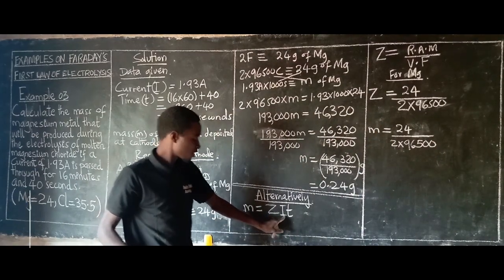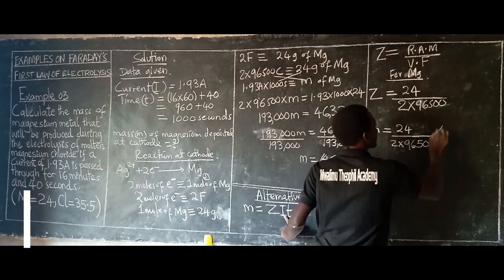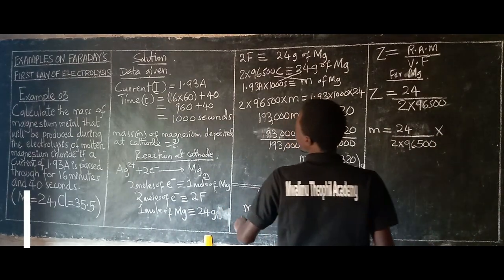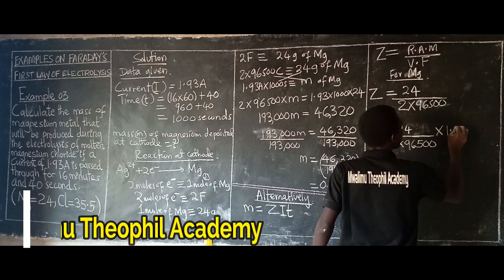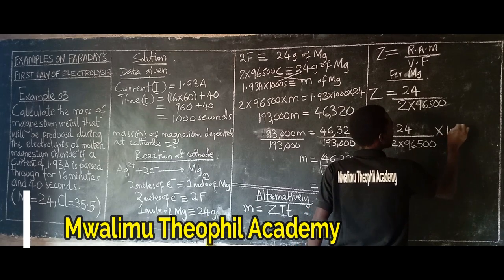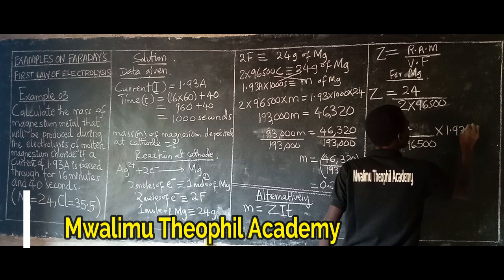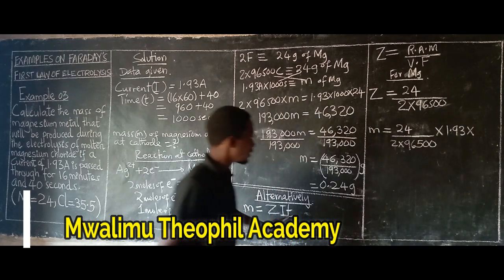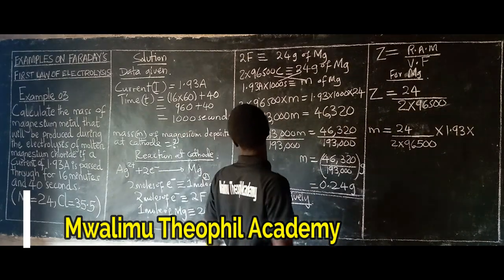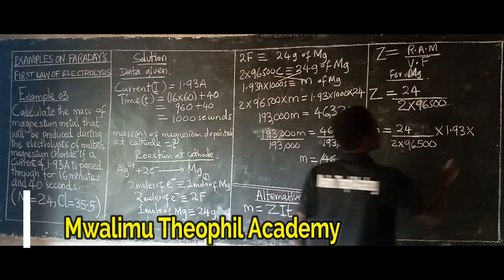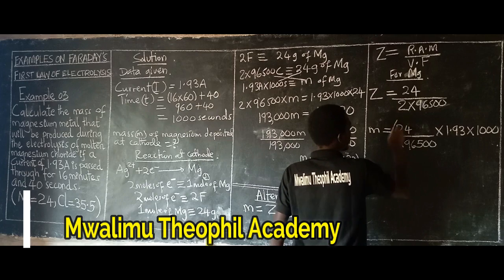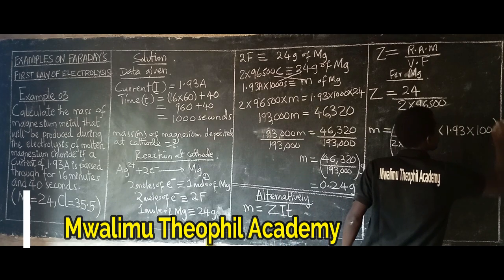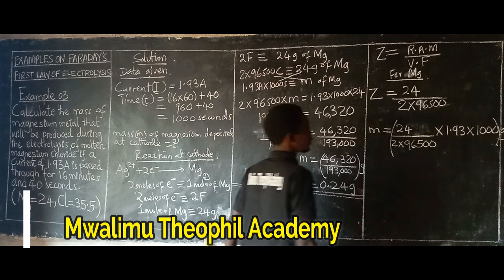We multiply with current. The current we have is 1.93 ampere times the time given, which is 1,000 seconds. The answer obtained from this is in terms of gram, as we are looking for the mass.